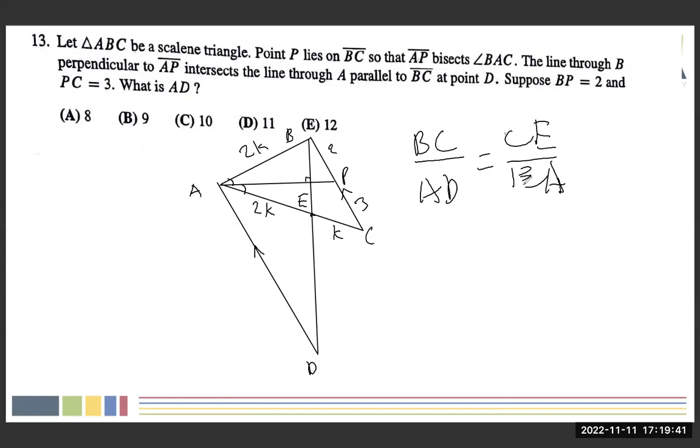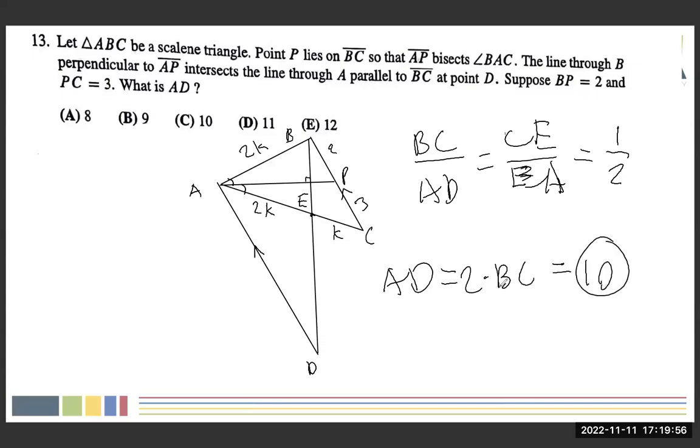But we know that the ratio of CE to EA is just 1/2. So therefore, AD is just 2 times BC. And since we know the value of BC is 5, then it's just 10 and we're done.